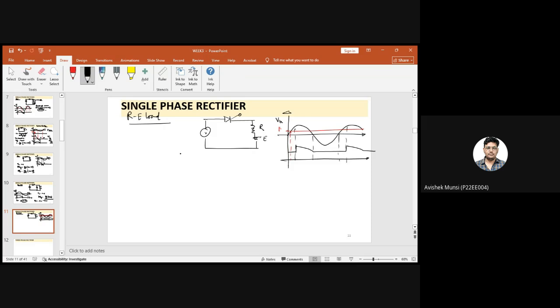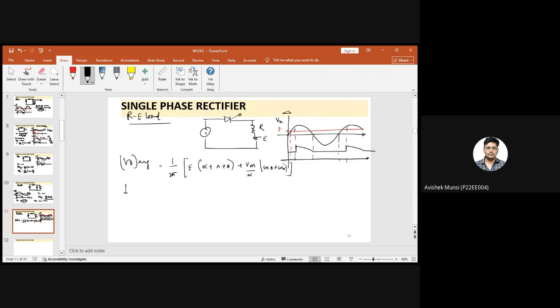In this case, if you calculate the V0 average, it will come to 1 by 2 pi. Try to put down the formula because it will help you to solve the problem. Alpha plus pi plus theta, Vm by omega, cos theta plus cos alpha.